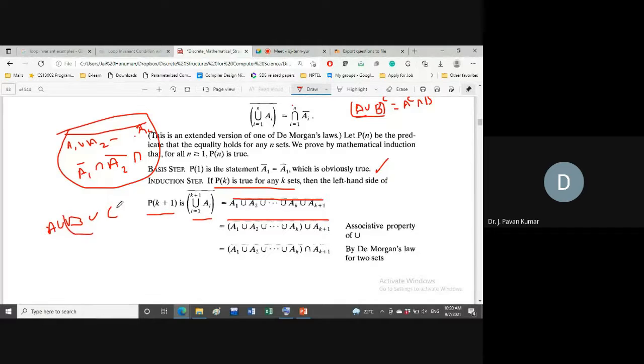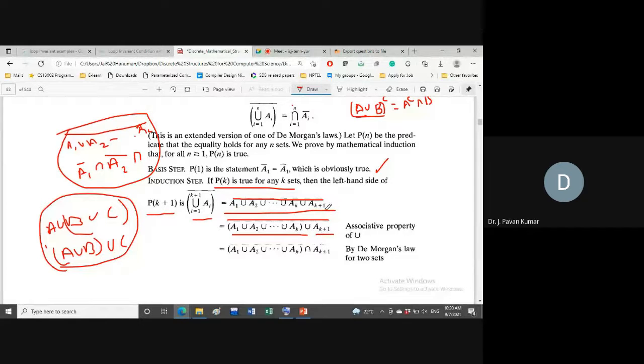Either A union B union C we can write, or A union B union C, both are the same, yes or no? Yes, sir. So it is called the associative property. As we have here k plus 1 sets in the union, we can write the first k sets as one unit, and k plus 1 as another unit. Like this we can write.